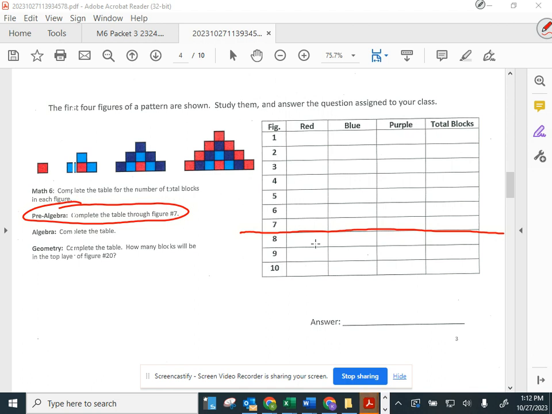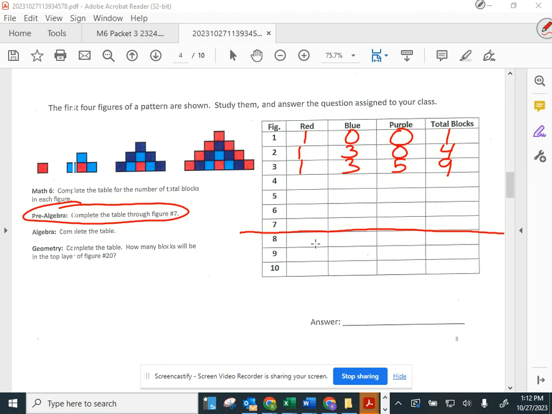How many reds in figure 1? How many blues? 2. How many purples? Total. Figure 2, red, blue, purple. Total. Figure 3, red, blue, purple. Total. 9.